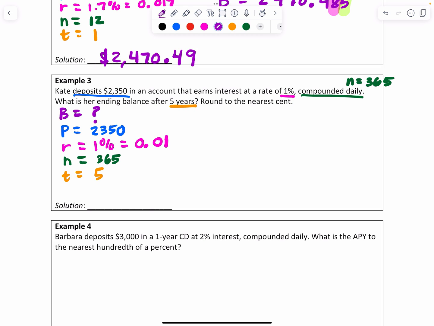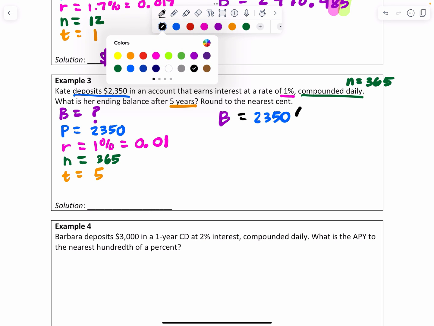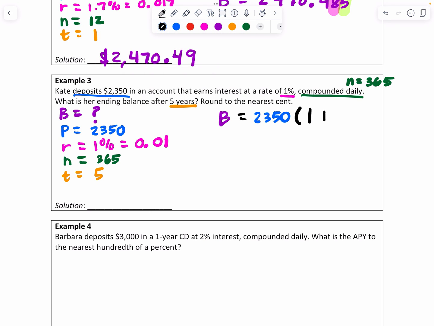Okay, so I plug it into my formula. My formula says B equals P, which is 2,350, times, remember, there's always going to be that 1 plus and then a fraction.